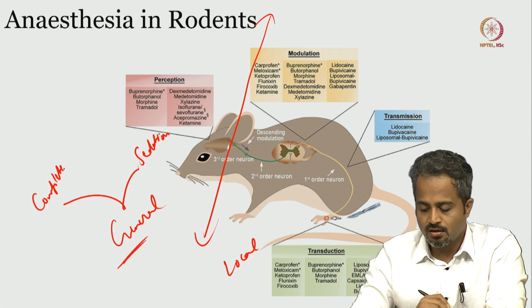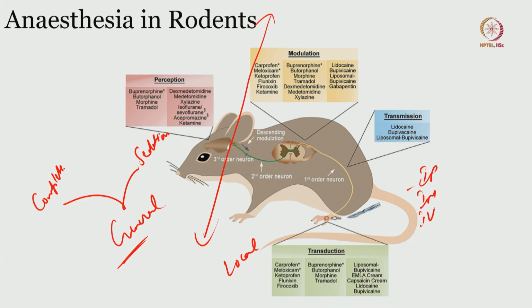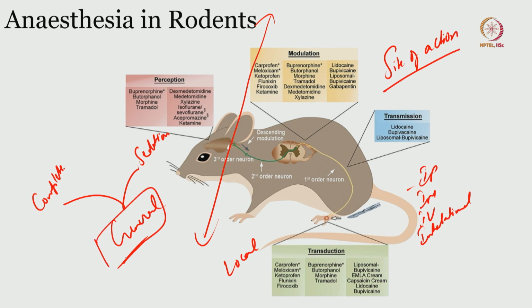So, whether you are injecting the drug intraperitoneally, intramuscularly, or IV, or inhalational, whatever route you choose based on the drug, based on the site of action of those drugs, it is divided into general and local, alright.